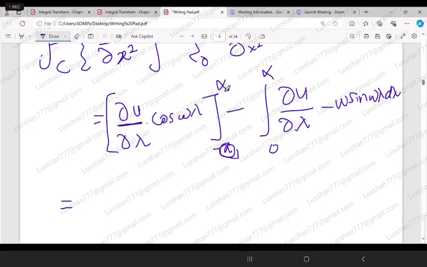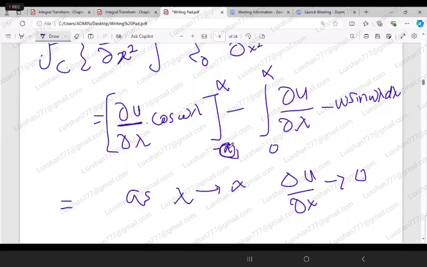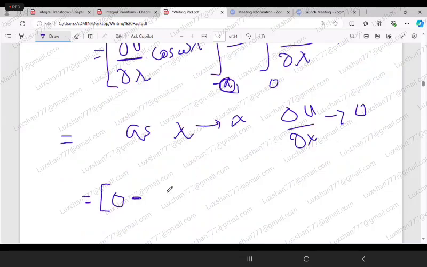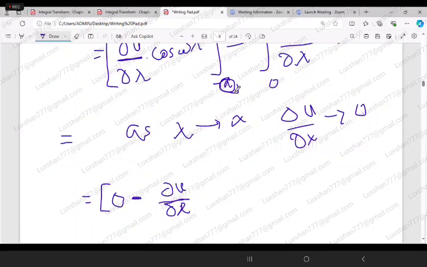As lambda tends to infinity, we assume ∂u/∂λ tends to 0, so that part becomes 0, minus, as lambda tends to 0, this one, ∂u/∂λ, you can put ∂u/∂x as x tends to 0.